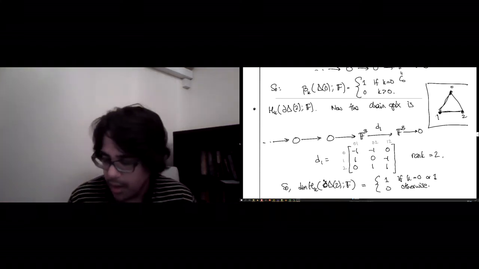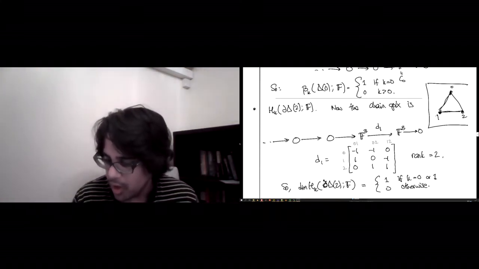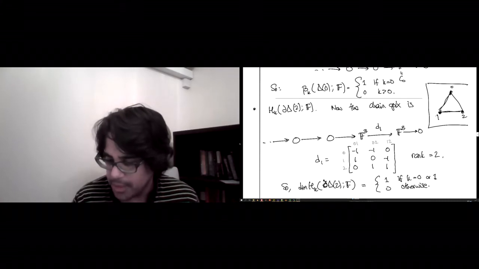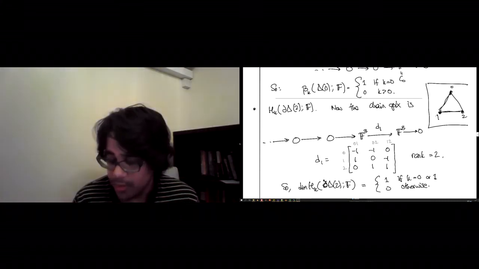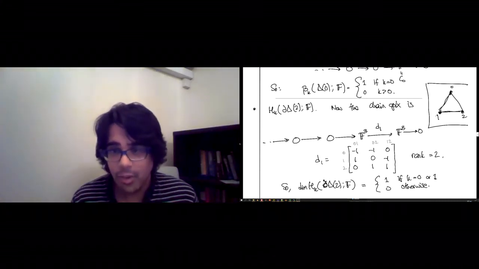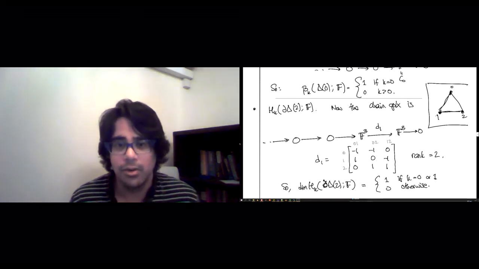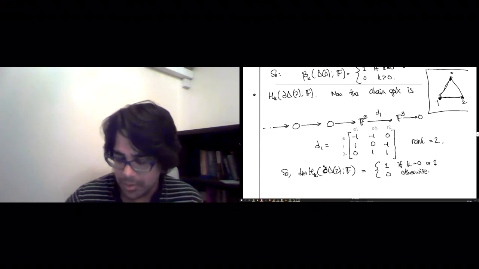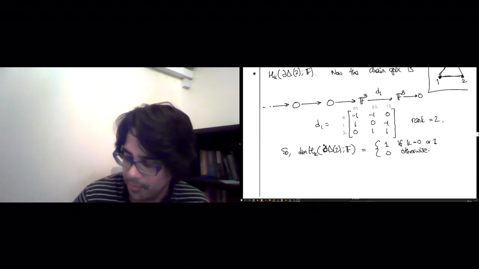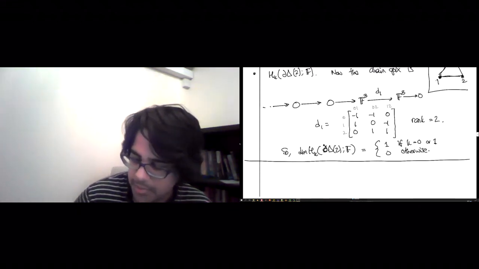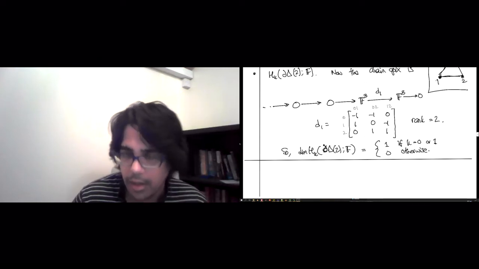Now, the 1 you got for K equals 0 is because 1 equals 3 minus 2, and the 1 you get for K equals 1 is because 1 equals 1 minus 0. So your job is to figure out why those are the two numbers being subtracted in each case to get 1.